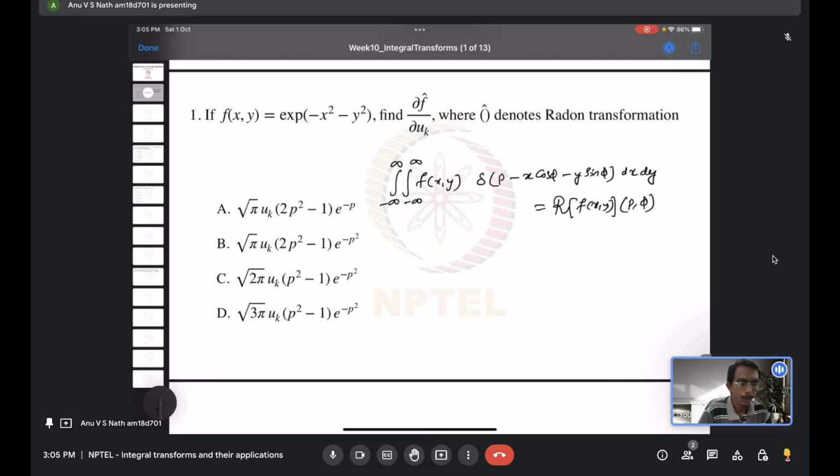We can modify this definition a little bit, so we get another form of the same transformation. Another representation will be, okay, let me verify the definition before writing.